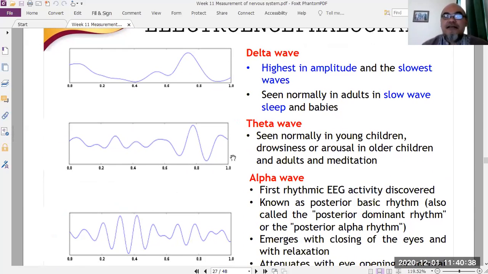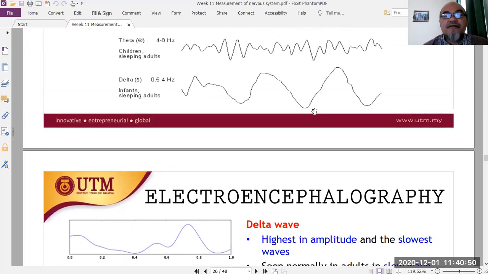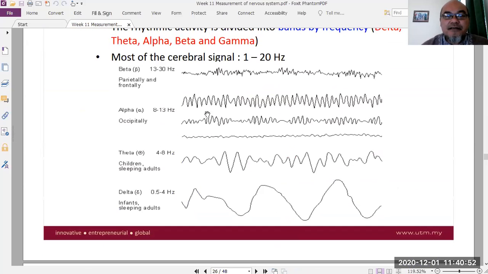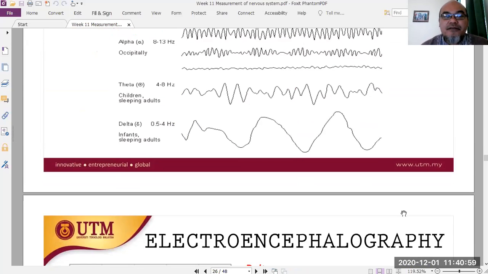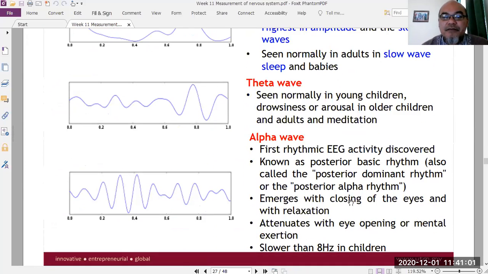Seen normally in young children, and also drowsiness when you get sleepy, or arousal in older children and adults, and also during meditation. Alpha wave, so alpha wave is this part, these three different waves between 8 to 13 hertz, occurs in the occipital region of the brain.